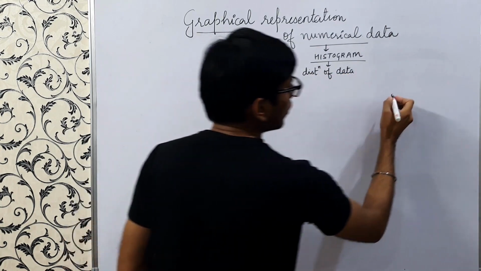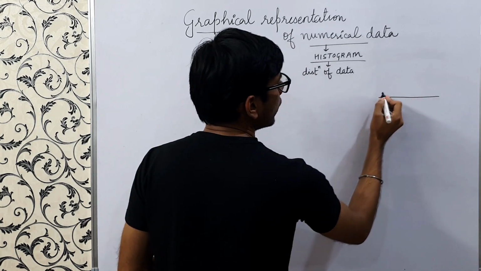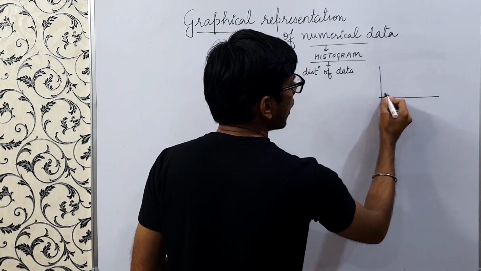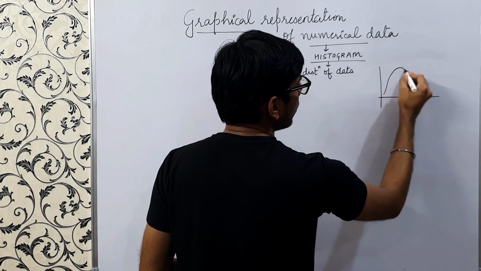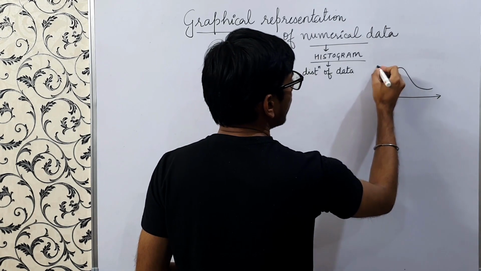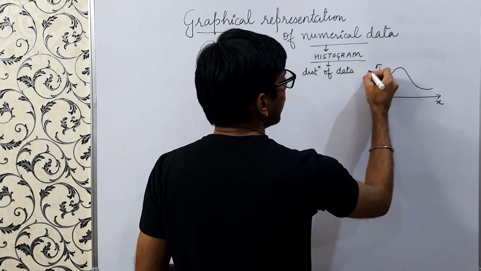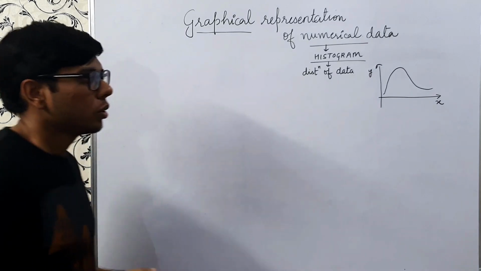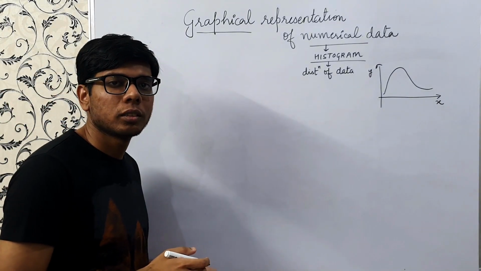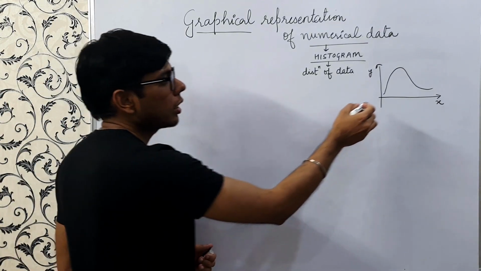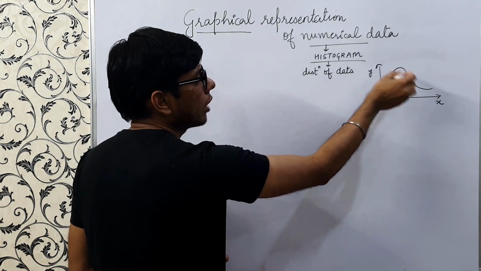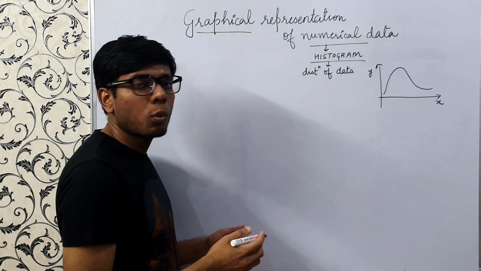Before that, we'll see one point. Suppose I draw this graph and try to interpret it. Can we interpret it practically? We can say that this point y is increasing and then y is decreasing. But what is y?